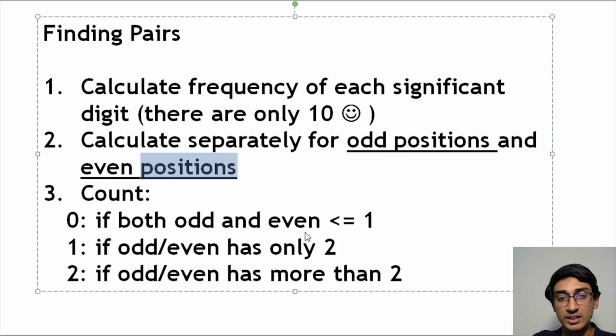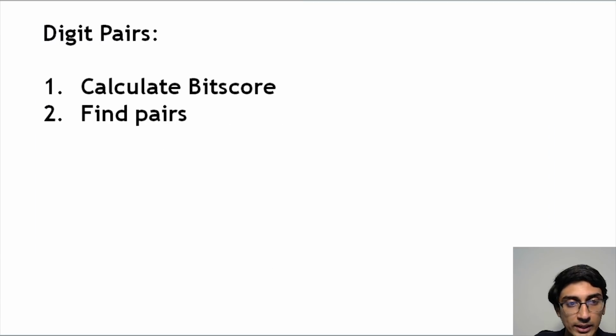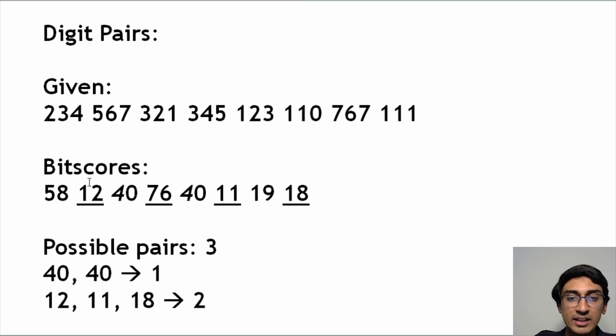Now, once you have done this, let me go back to my example. If I take a number like 6, does 6 occur anywhere over here as a part of the significant digits? No. So the frequency of 6, that is the tens digit, is 0.